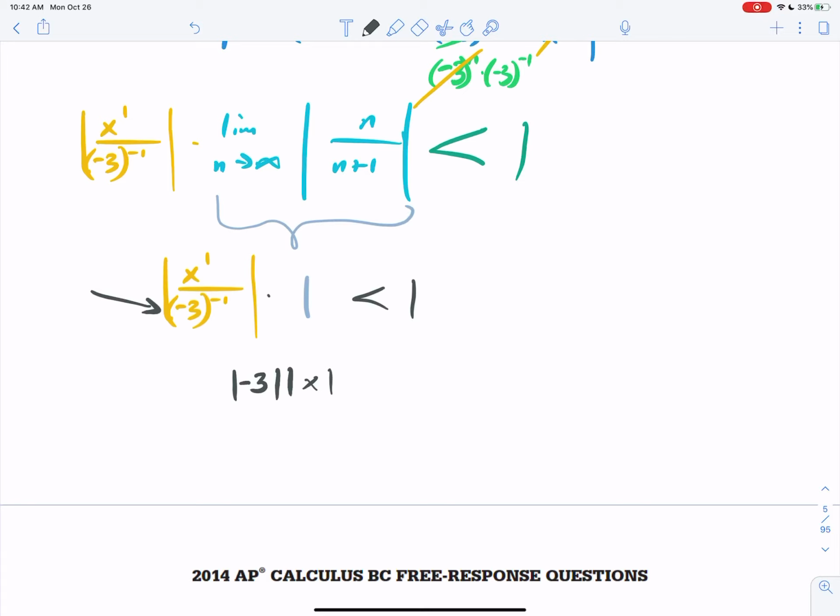And the absolute value of -3 is just 3. Okay? And our job right now is to isolate the absolute value. So we're going to go ahead and divide by 3 on both sides. So the absolute value of x is less than 1/3.